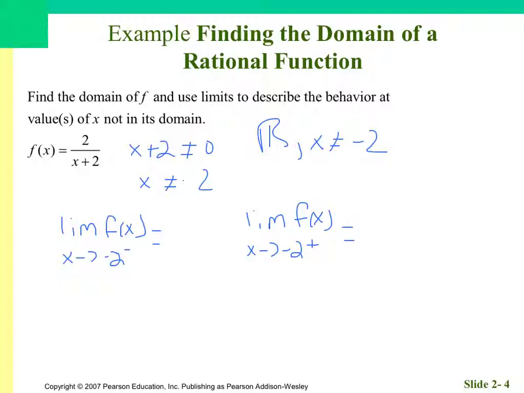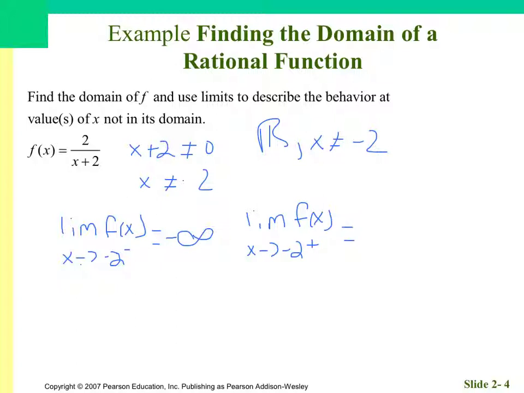So go ahead and put this in your graphing calculator and take a look at the graph. And if not, just wait a minute. What you'll see, as the function is approaching, what this means is, as x is approaching negative 2 from the left side, where is the y value heading?